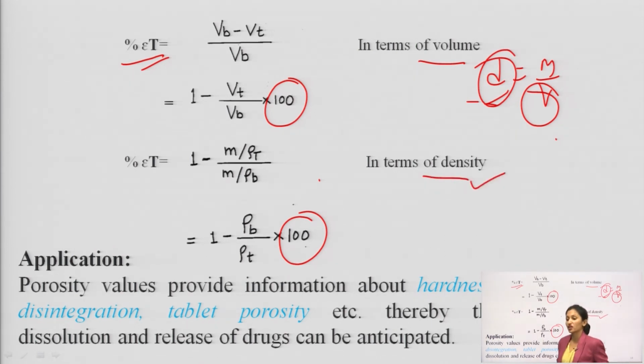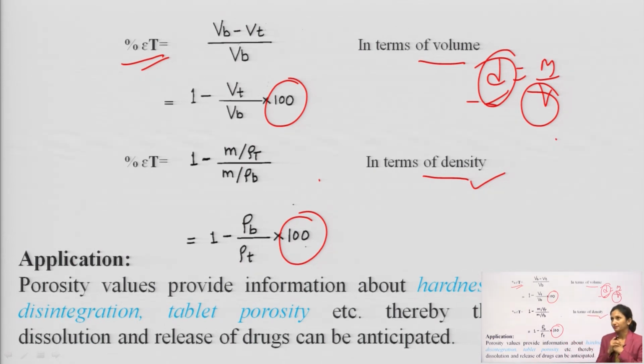What is the application of porosity? Why are we studying porosity? Is there any use of this porosity in a pharmaceutical dosage form? So, porosity, that is void space, void volume, that porosity value provides information about hardness, disintegration, tablet porosity, and thereby the dissolution as well as the release of drug can be anticipated.